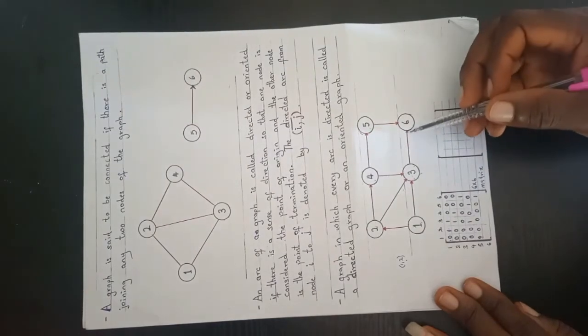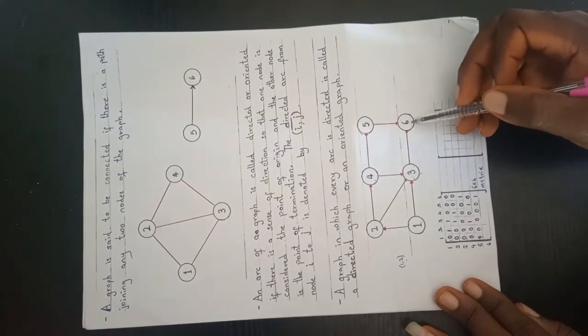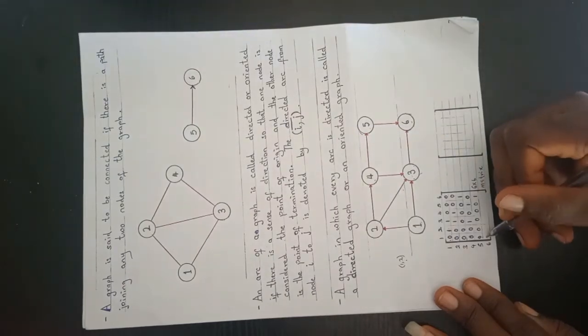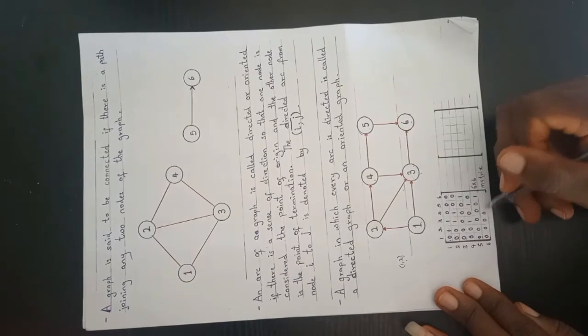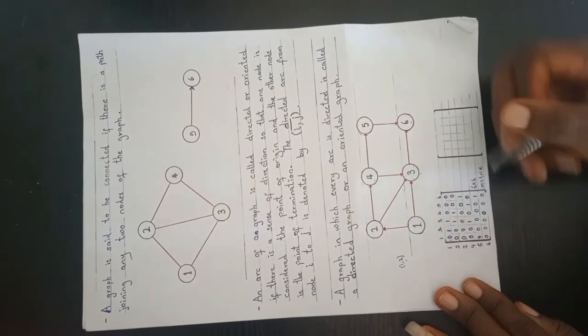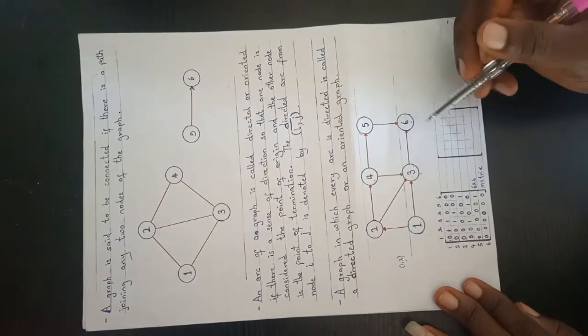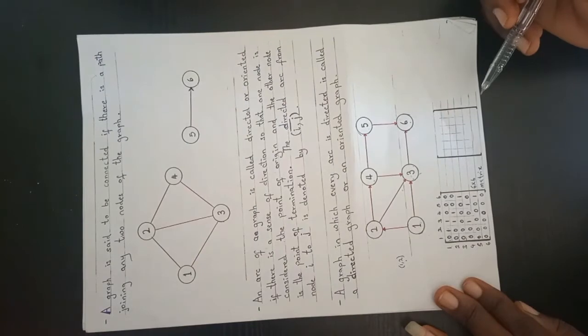And right here you see all the arcs connected to it are directed towards it. And so all through the node in 6 will be denoted by 0, because there is no arc going away. There is no arc pointing away from it.